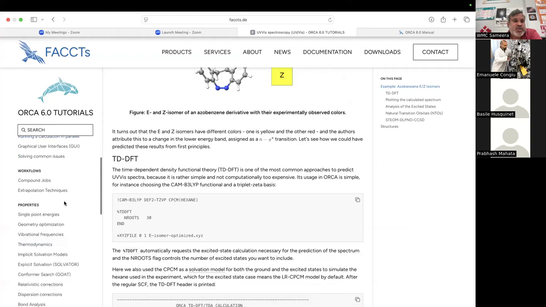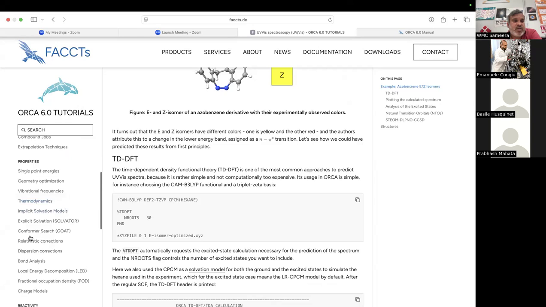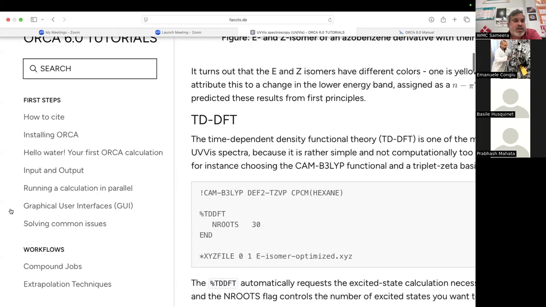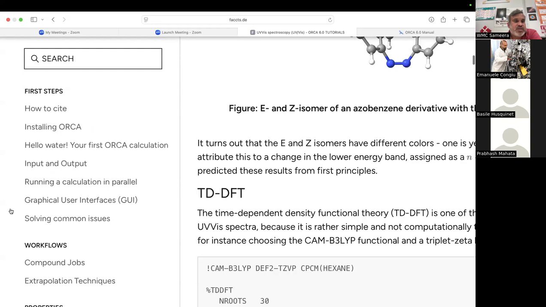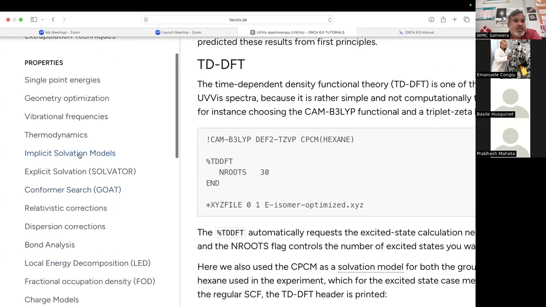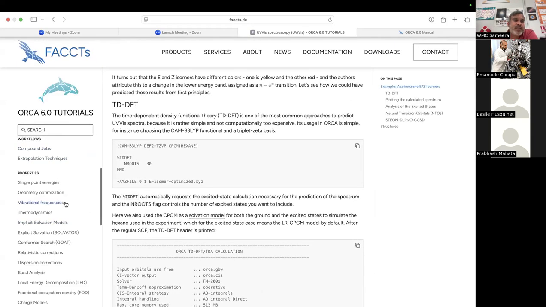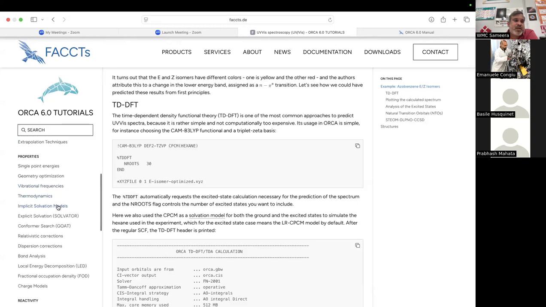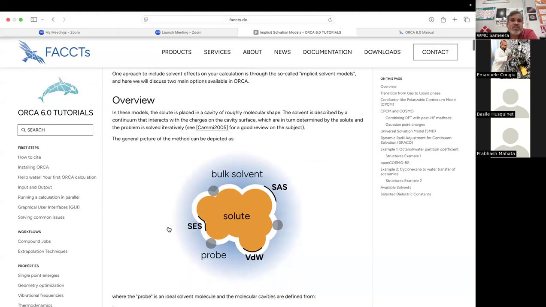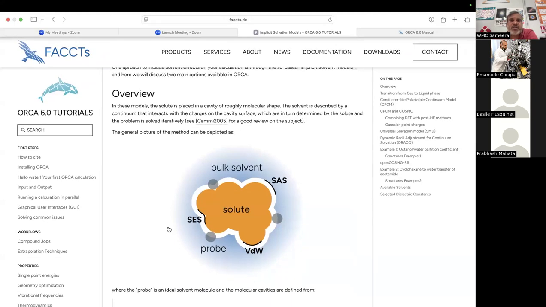In common practice, when you run quantum chemical calculations, we use implicit solvation. Let me look at this tutorial: Thermodynamics, implicit solvation models. You can find this in the tutorial. Implicit solvation is very common and very successful in many applications.